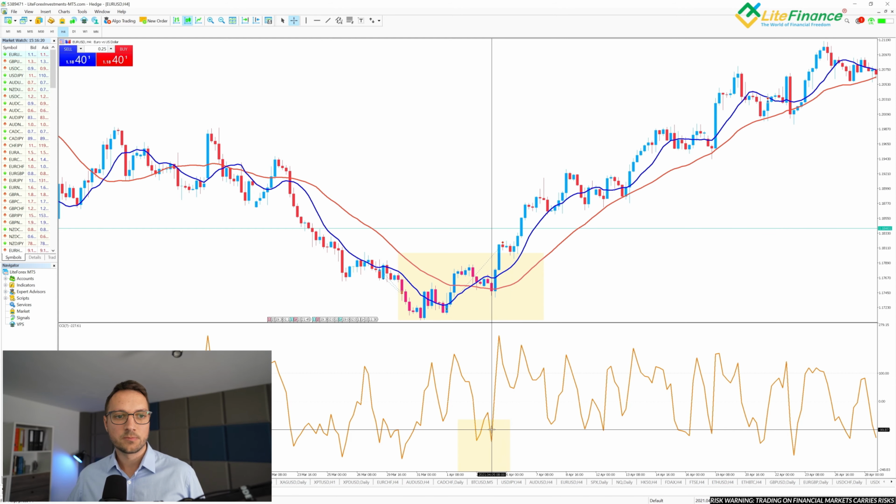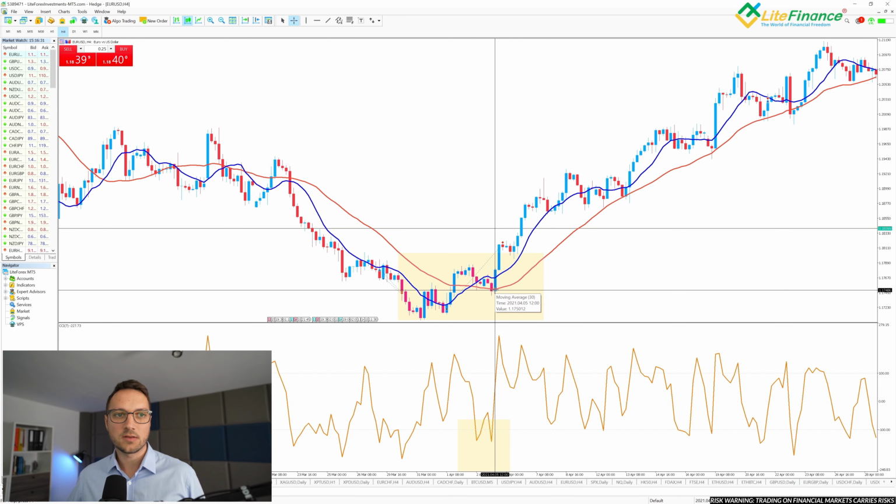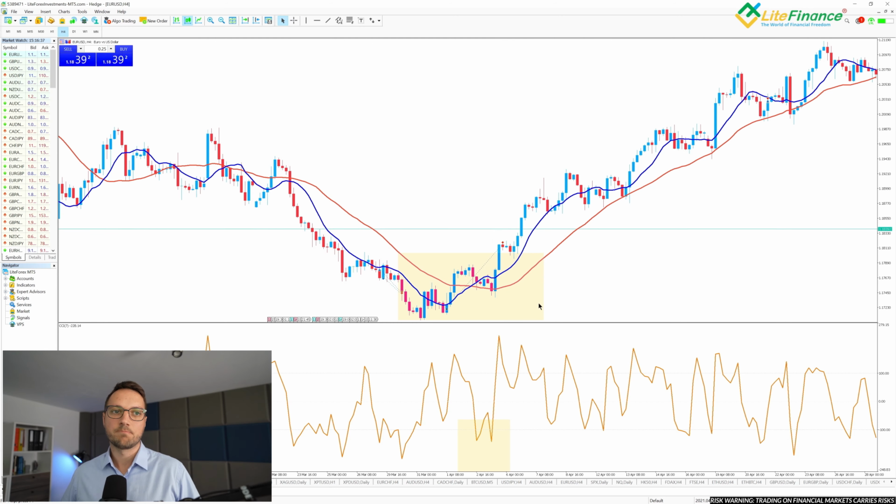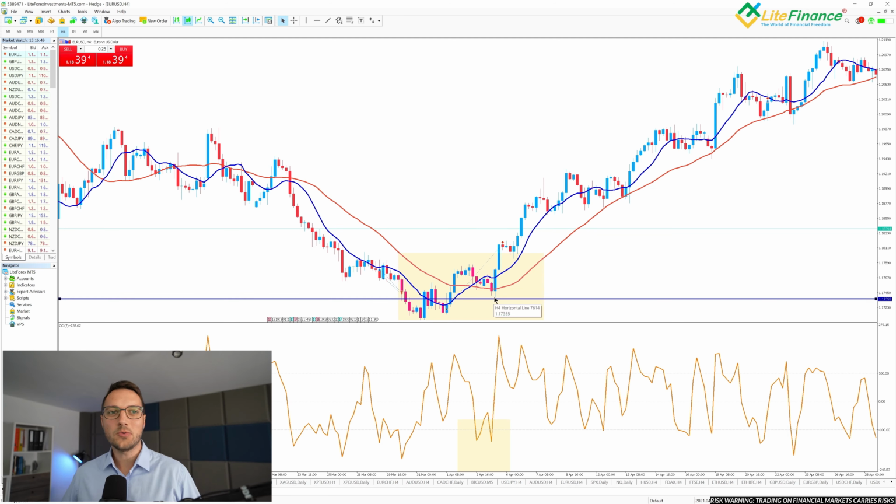For example, in this red candle it was already out of the oversold zone, and we can clearly see that on the blue candle, which is the green or white candle for most of you, we could enter a trade. The potential stop loss would be over here, slightly below the recent low which the price made, which is here.